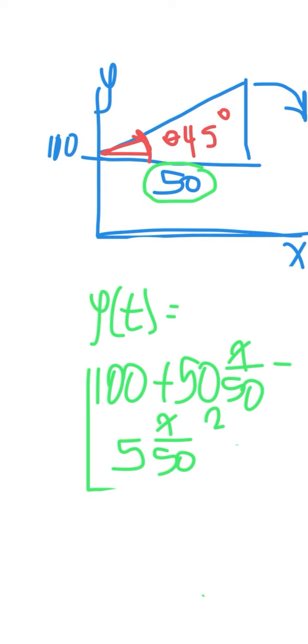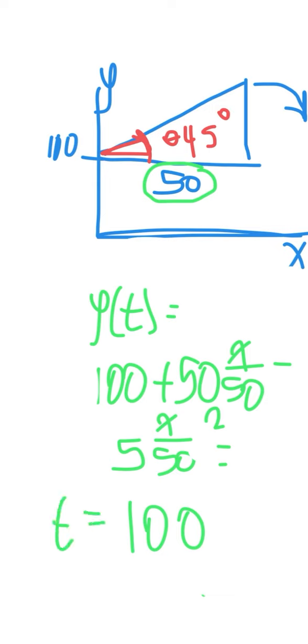So if you solve that equation, you will see this will give you 100. So at t equals 100 is when the object will hit the floor. And now we have solved the parts of question 12.